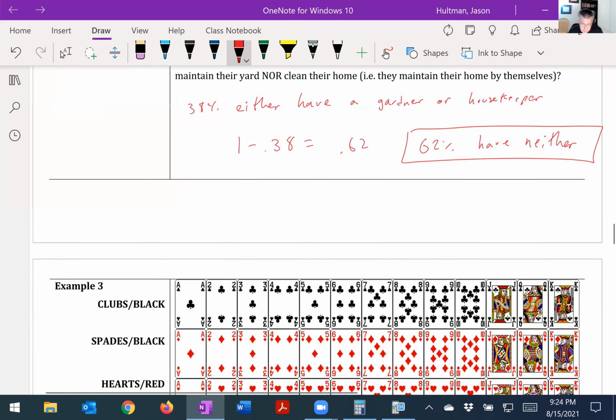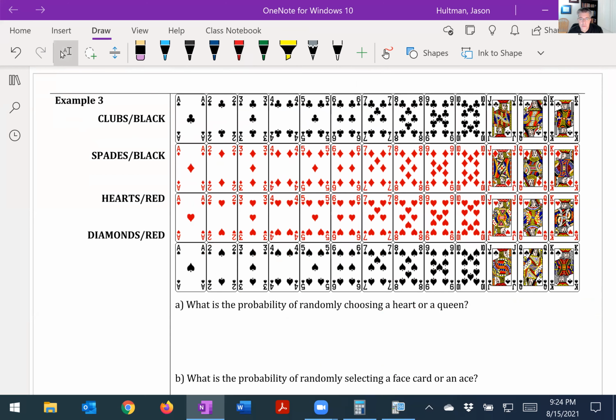Okay, here we have a deck of playing cards. So this is the sample space. We call this a sample space for playing cards. There's 52 cards, 4 suits, 13 cards in each suit. So what is the probability of randomly choosing a heart or a queen?